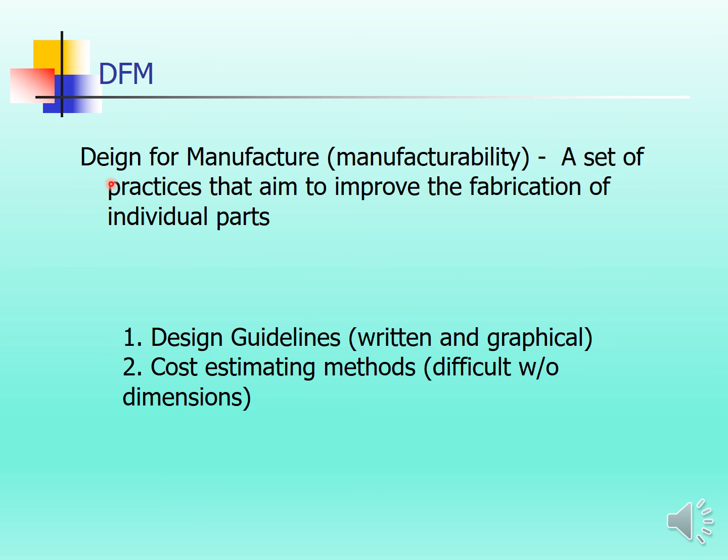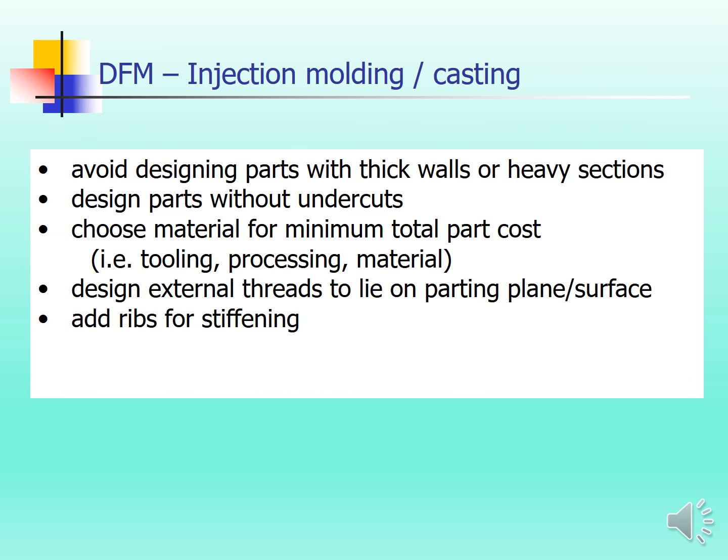DFM, design for manufacture, is a set of practices that aim to improve the fabrication of individual parts. We can also use design guidelines and cost estimating methods without the dimensions.